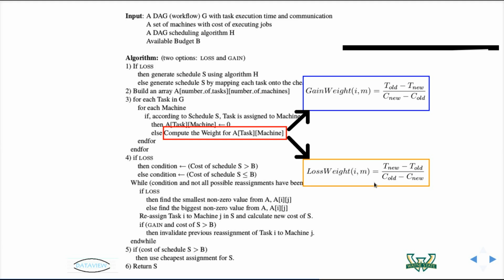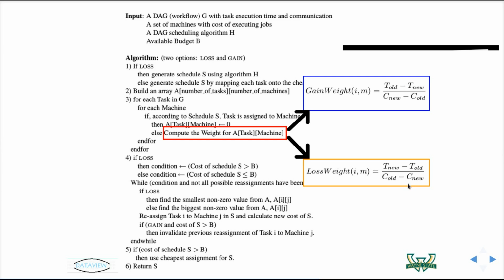In the loss weight, for task i on the machine M, we have T old and T new. T old is the time of executing task i on the machine assigned by one of the algorithms like HEFT or something else. And T new is the execution time of task i on the machine M. We also have C old and C new.